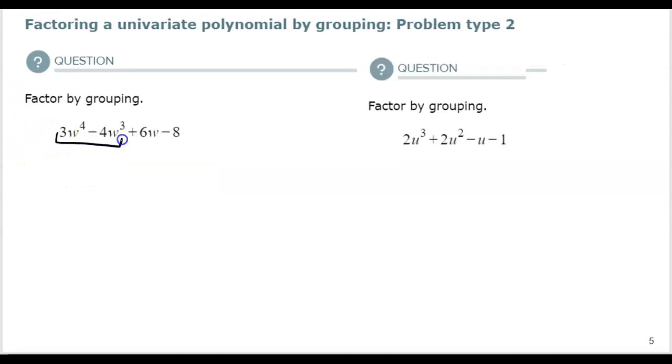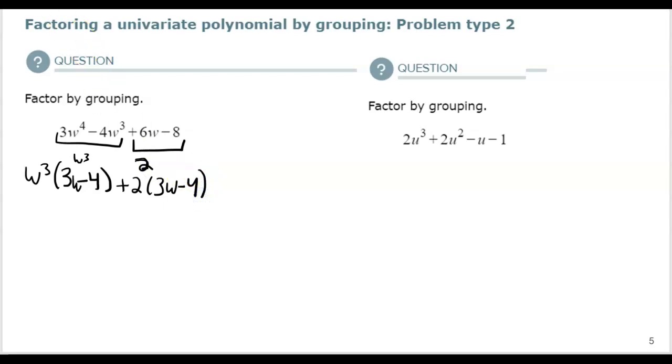We're going to continue this idea. We can factor out a w to the third, 3w minus 4. From this one, I can pull out a 2, and I get 3w minus 4.